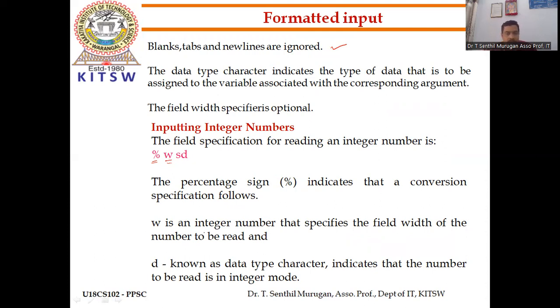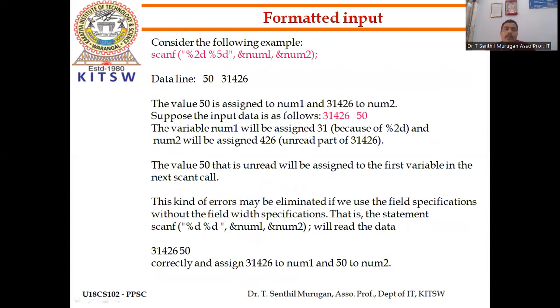D represents the type indicator of integer. Normally for integer we use percentage D, no? If you use a number in between the percentage and D, that is the width size the integer will consider. For example, here is an example.